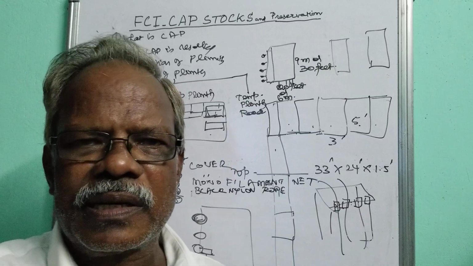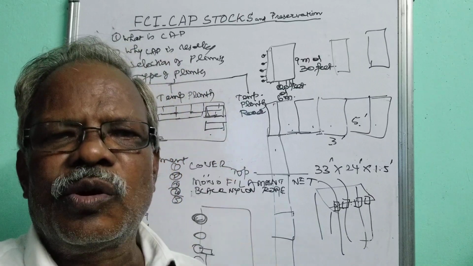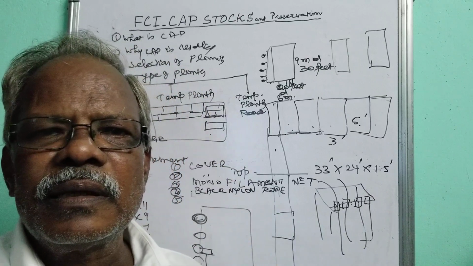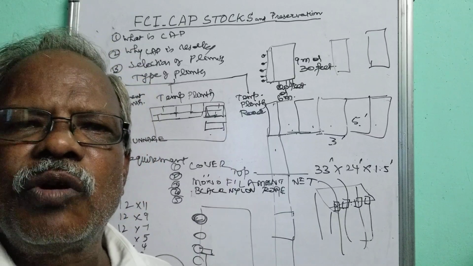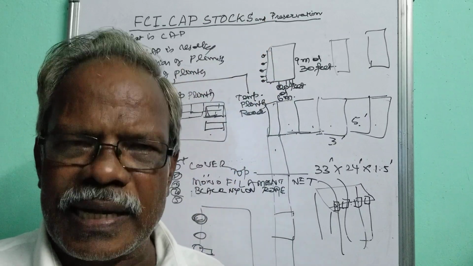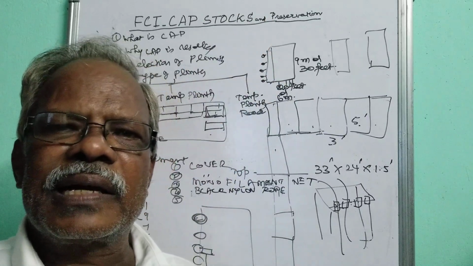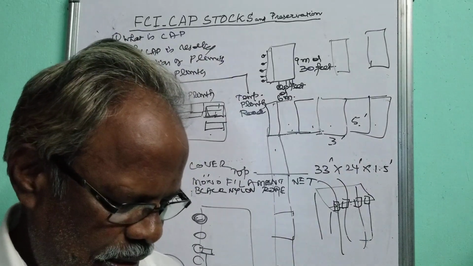This is during summer. During winter, what happens? The top layer will be very cold, and the hot humid air will go from bottom to top, and in the top layer it will condense, and damage will occur. To avoid that, aeration should be given properly.